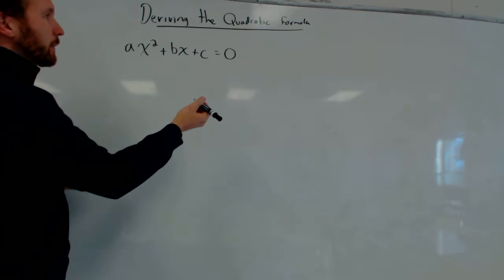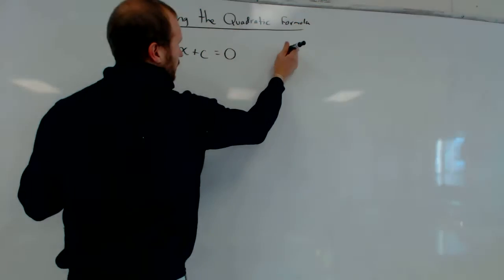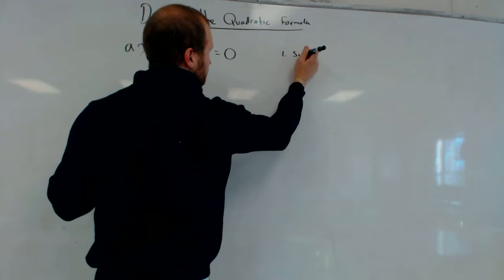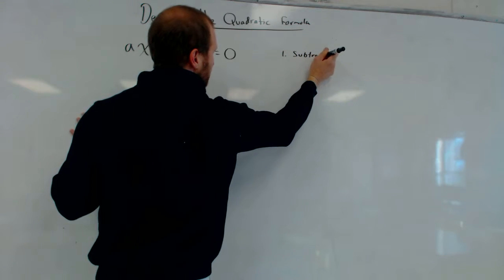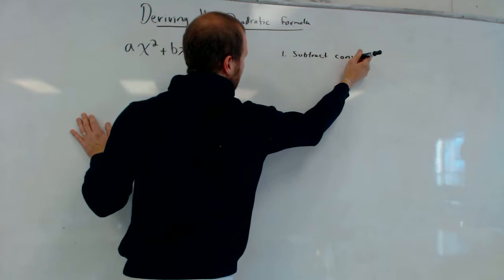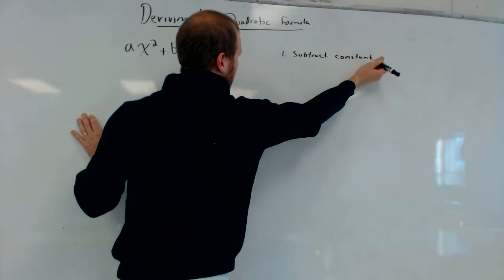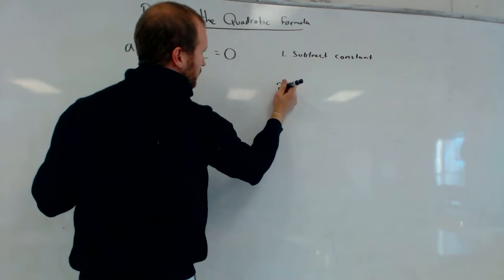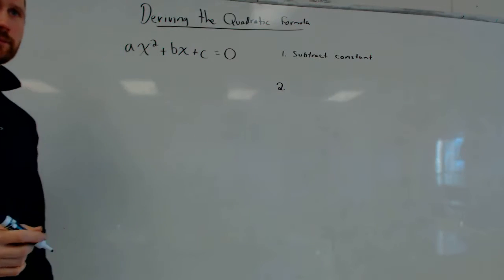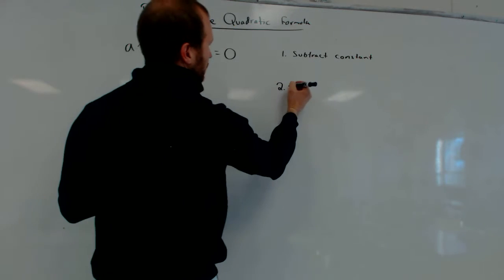What is the first step? What would we do first? Okay, so step one is to subtract our constant. Okay, so we'll do that in a second. What's step two? Divide by a.